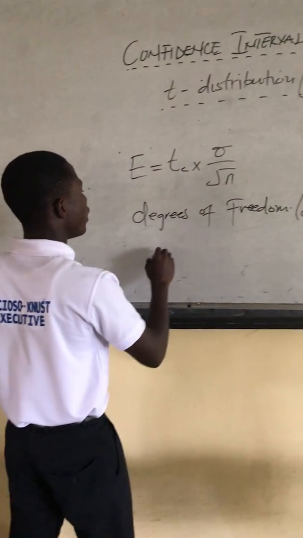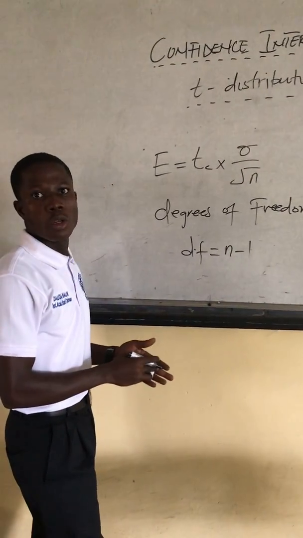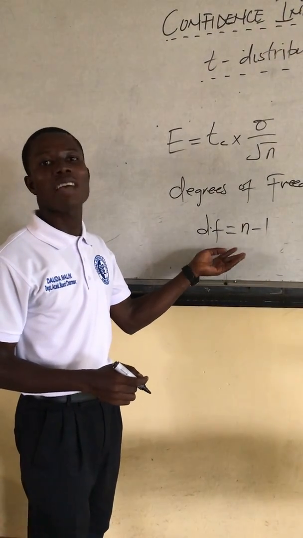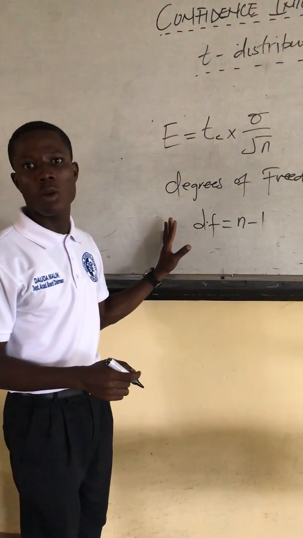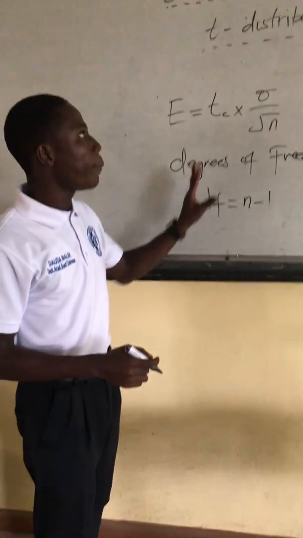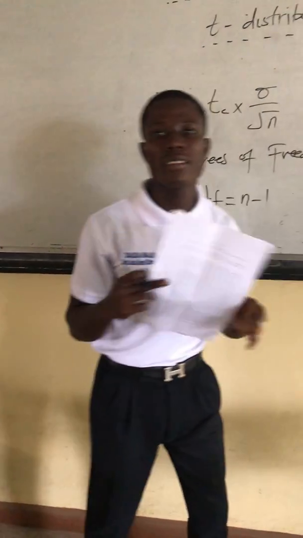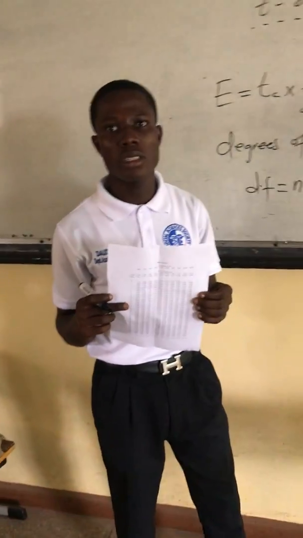So df is equal to n minus 1. So when they give you a sample size in the question, then you subtract 1 from the sample size to get the degrees of freedom. So when you get the degrees of freedom, plus the confidence level given in the question, then use your t table, then you find it here. It's very simple. We are going to do examples so that you get what I'm trying to say.